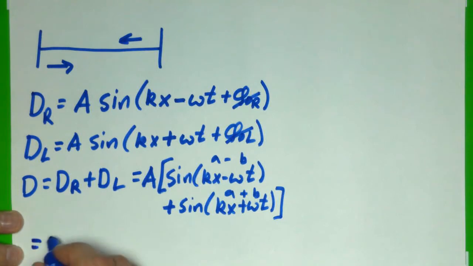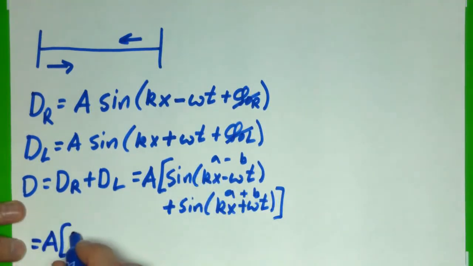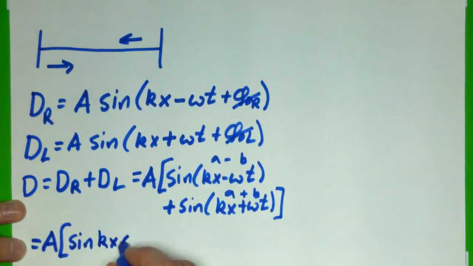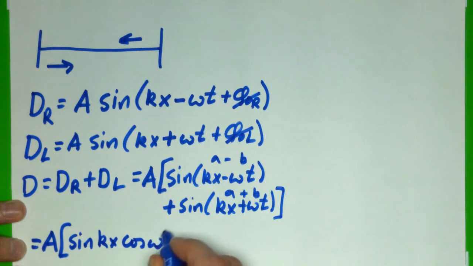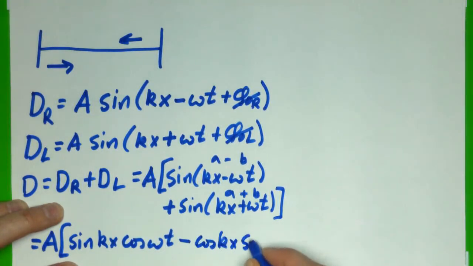So this ends up equaling A, sine of kx times cosine of omega t, minus cosine of kx sine of omega t.